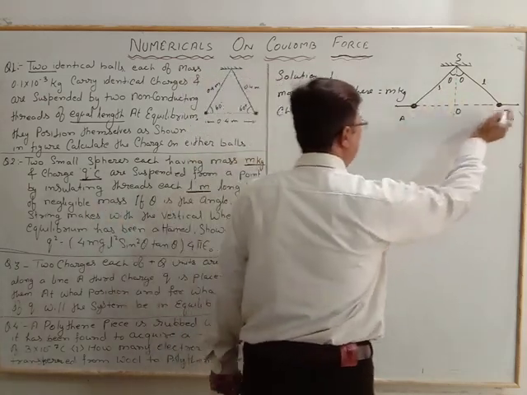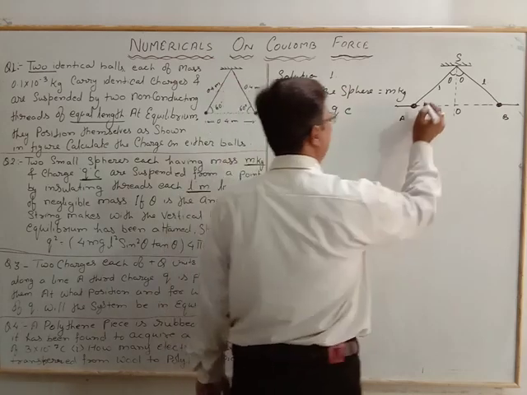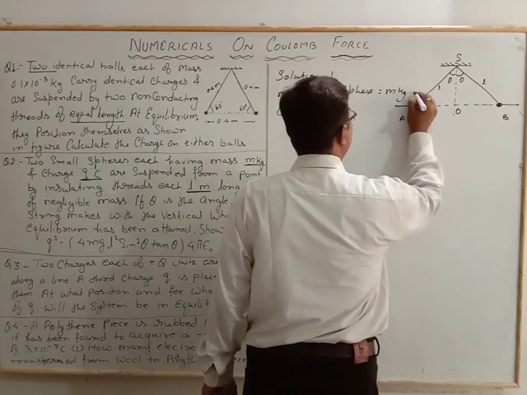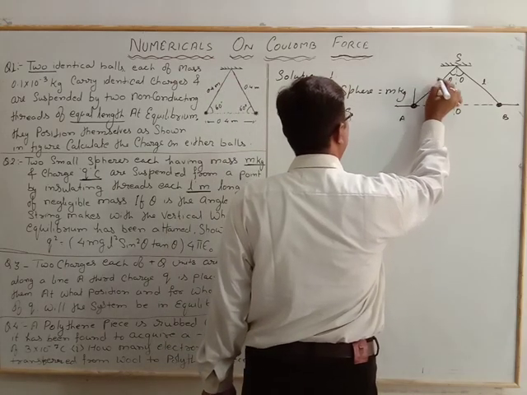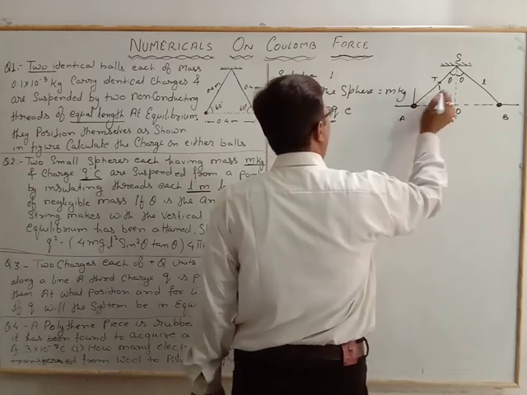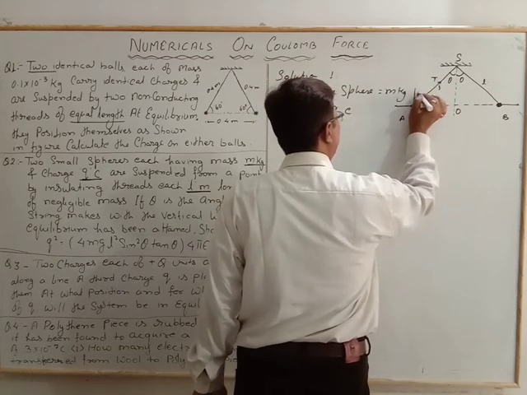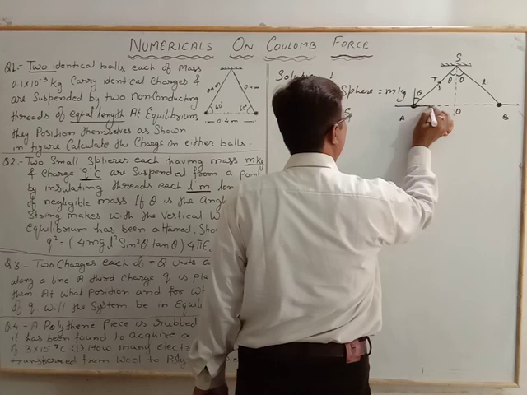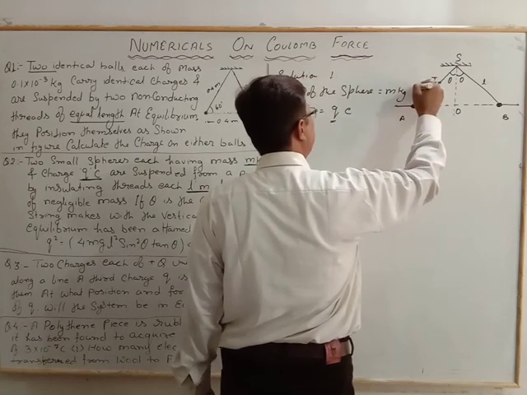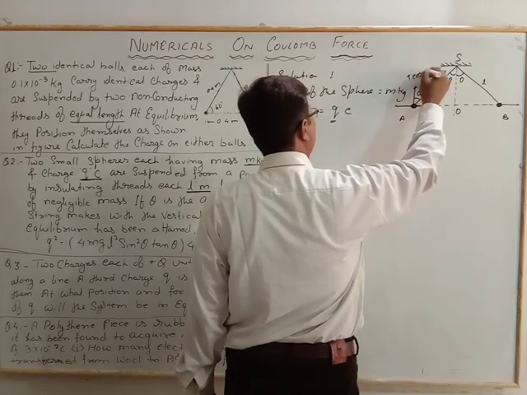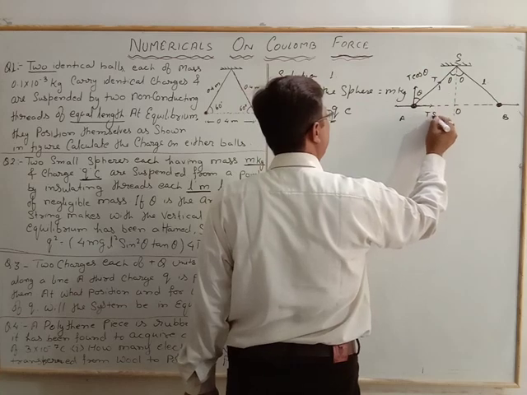Now again we will see the equilibrium condition here. So here we will see the tension on the thread is T, and that tension will be resolved into its components. One is the T cos theta and another is the T sin theta.